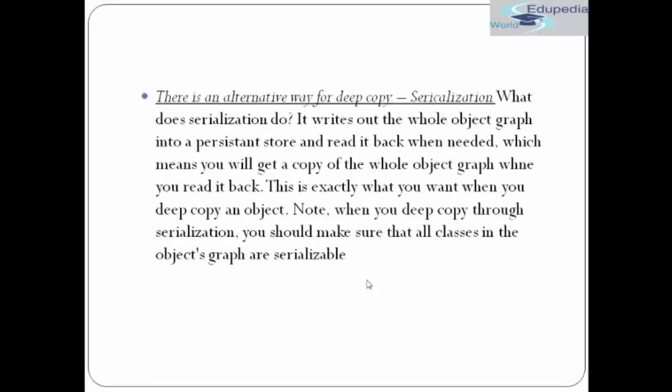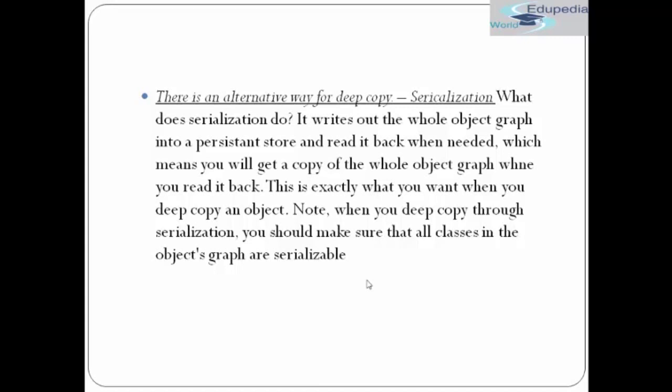And yes, there is an alternative way for deep copy, that is serialization. What does serialization do? Well, it writes out the whole object graph into a persistent store and reads it back when needed. Okay, which means you will get a copy of the whole object graph when you read it back. This is exactly what you want when you deep copy an object. Okay.